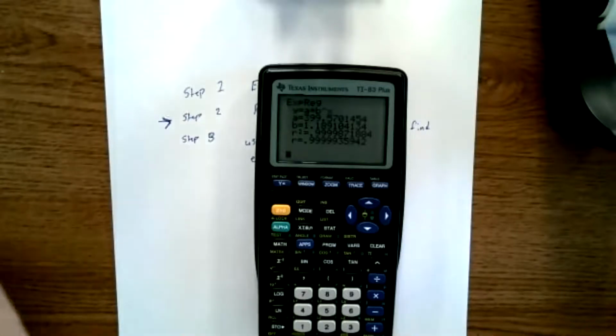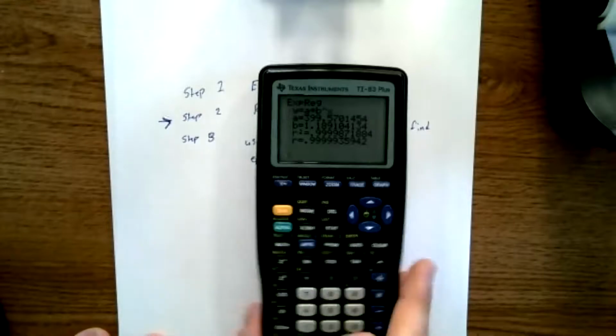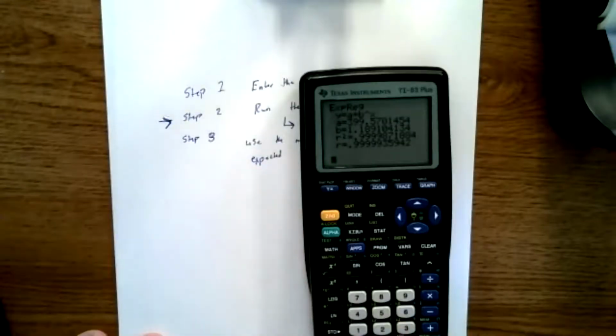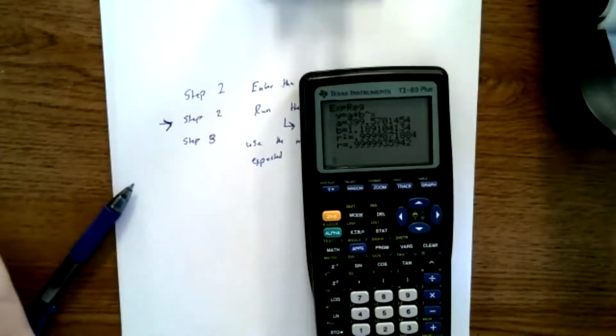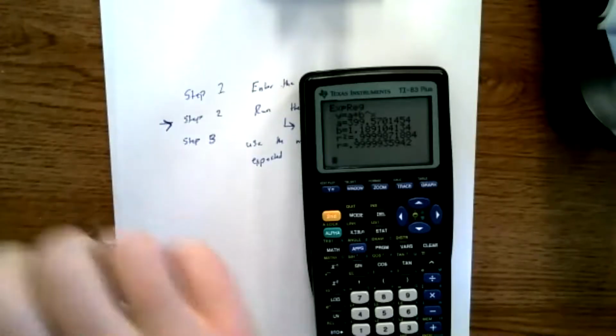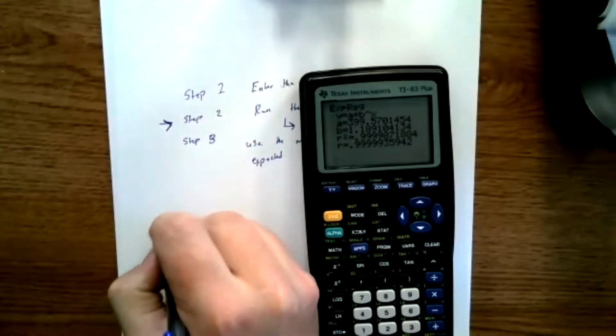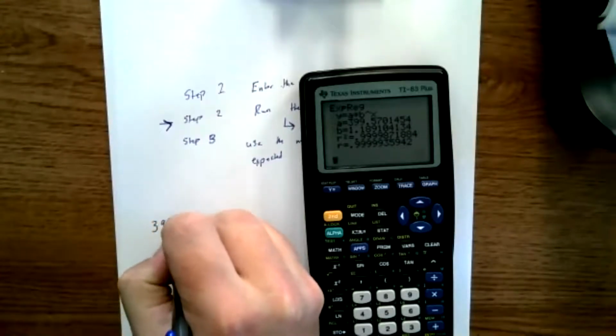This is your modeling function. You can see it'll give you a generic display of how your function is formatted. So ours is y equals a times b to the x, just a generic exponential function. But then you can see it puts in values for a and b. So a is 399.57.